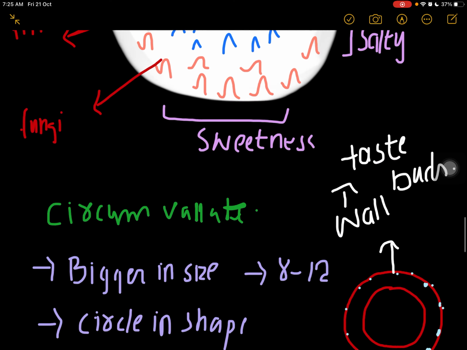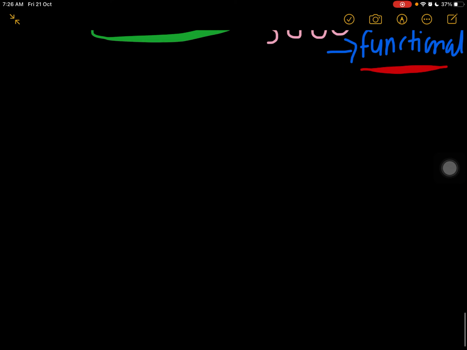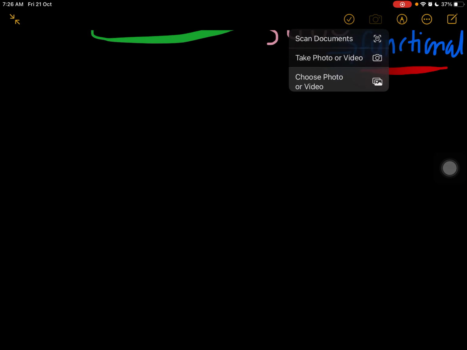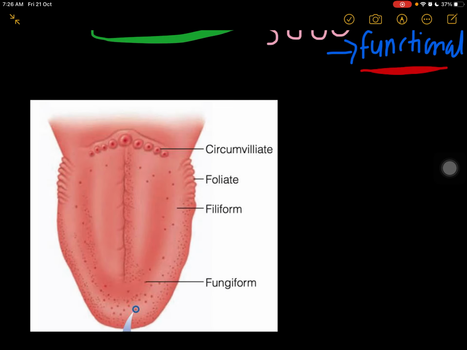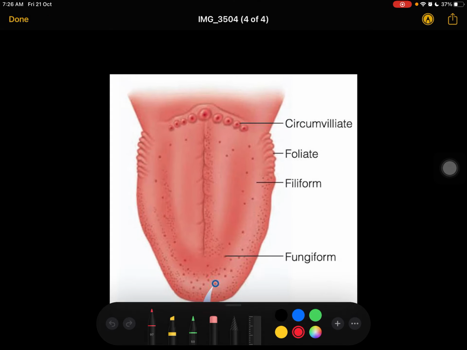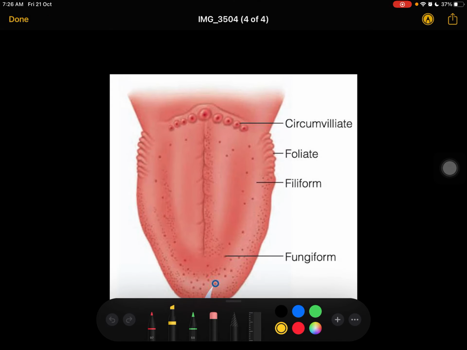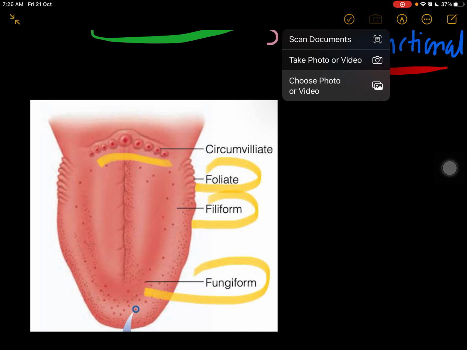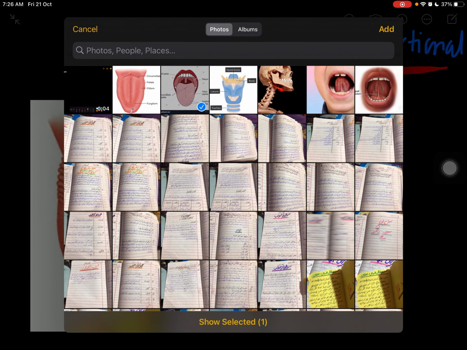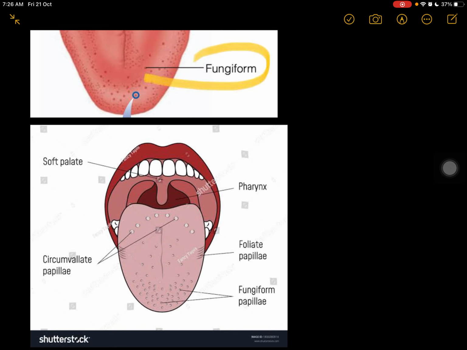Now let me show you the example here. So as you can see over here, this is the circumvallate, these are the foliate, these are the filiform, and these are the fungiform, right? Let me show you another example, which is this.